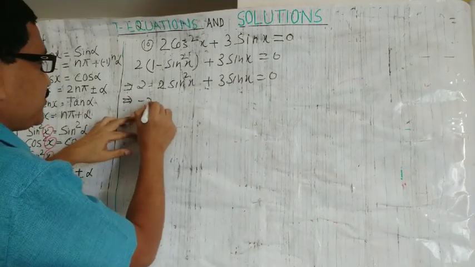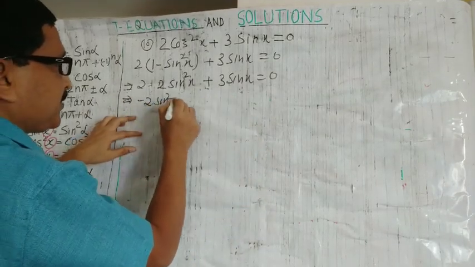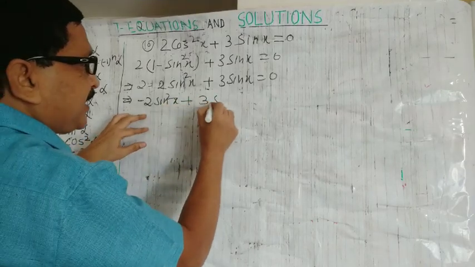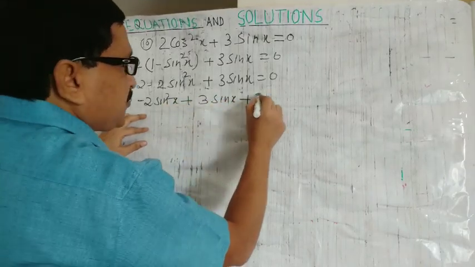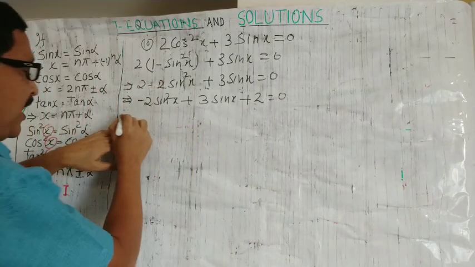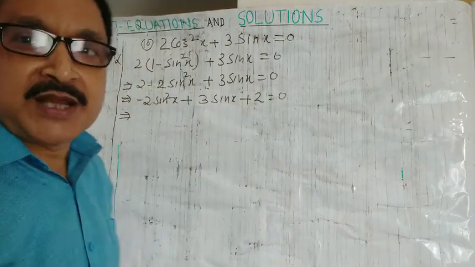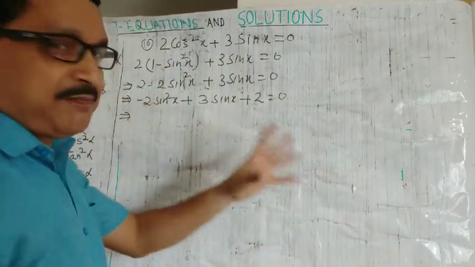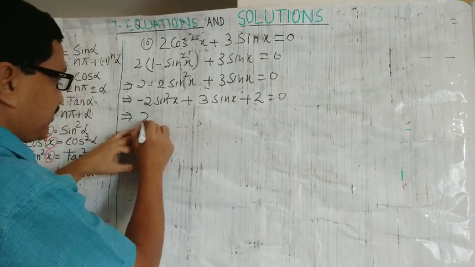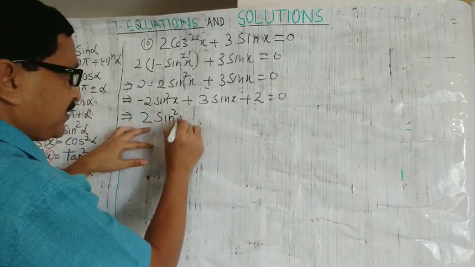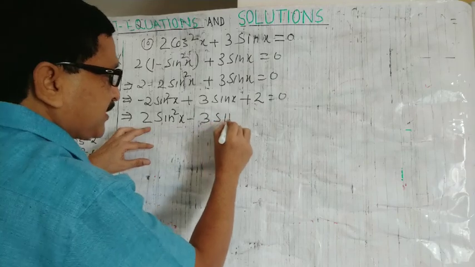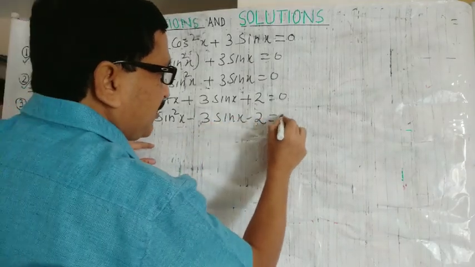This is minus 2 sine square x plus 3 sin x plus 2 is equal to 0. Now changing the sign of all terms, starting with a negative is a bad look. So change it: 2 sine square x minus 3 sin x minus 2 is equal to 0.